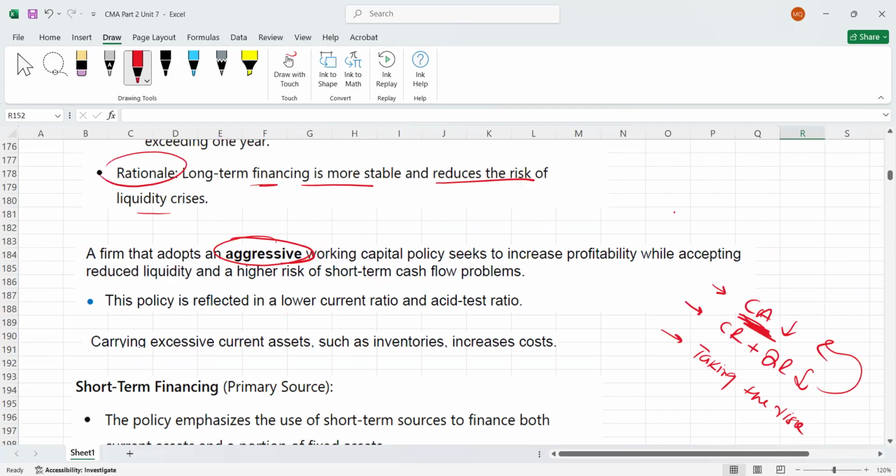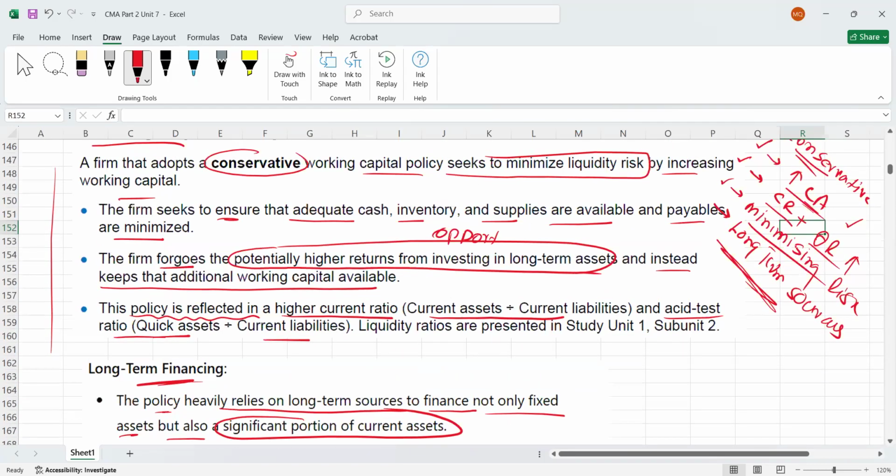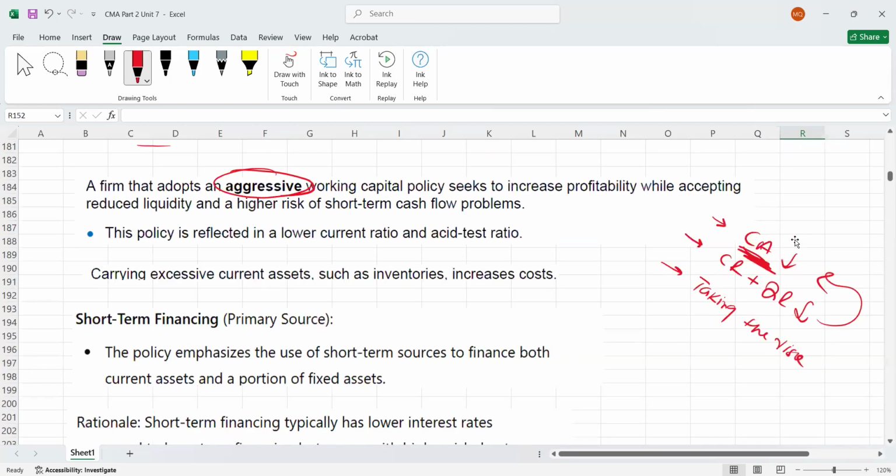So they are taking the liquidity risk. In conservative we used long-term sources of finance for working capital; here we will use short-term sources of finance.